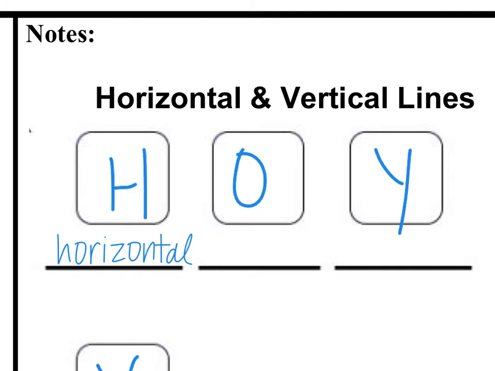This is 0 fun. So 0 slope. And horizontal lines are always going to be, when you write it as an equation, y equals some number. So, HOY, horizontal, 0 slope, y equals a number, because it crosses the y-axis.